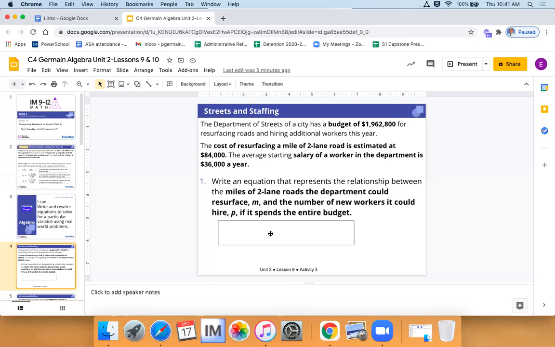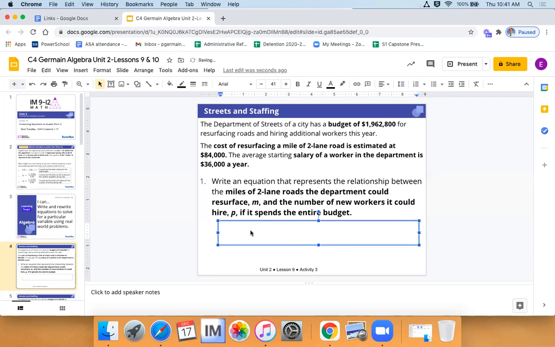So if we're looking at this equation here, we can write it like this. I'm going to pull this box over a little bit because it is a little bit longer. So we're talking about that budget, which is $1,962,800 is equal to, so 84,000 times the number of miles of road that you're going to be, just like Dylan said, times the M miles of road that you're going to be doing, plus we're adding in that number of new people times their salary.